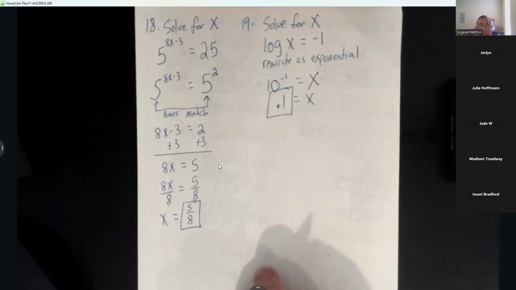All right, it looks like we got one more problem, y'all. Now, number 20 deals with the continuous compounding problem that I did yesterday from 9-7.